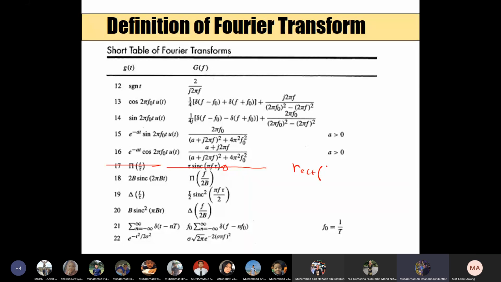This basically, rectangle of t over tau is equal to tau sinc pi f tau.